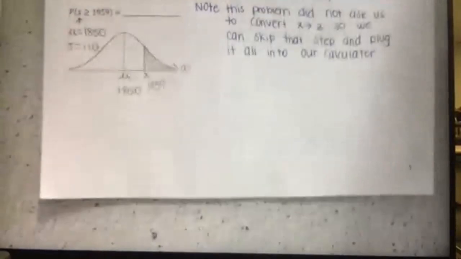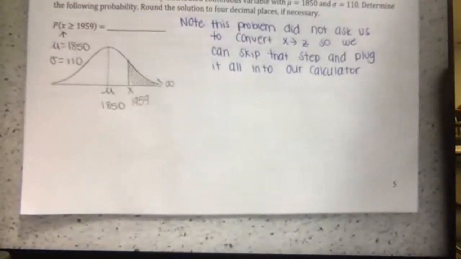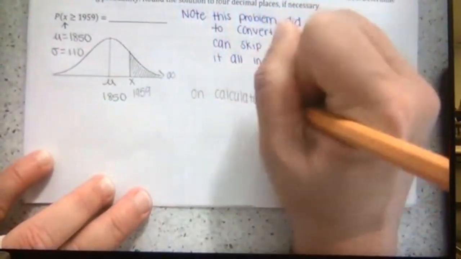And even though we're not using Z, we're going to plug it into our calculator exactly the same. Nothing changes, which is nice that we're doing the same thing every single time. So on our calculator, we have our normal CDF.